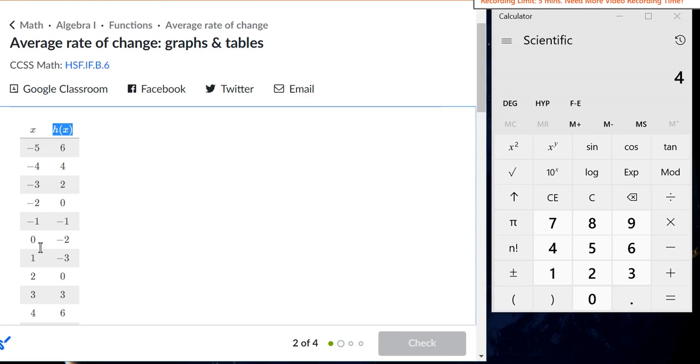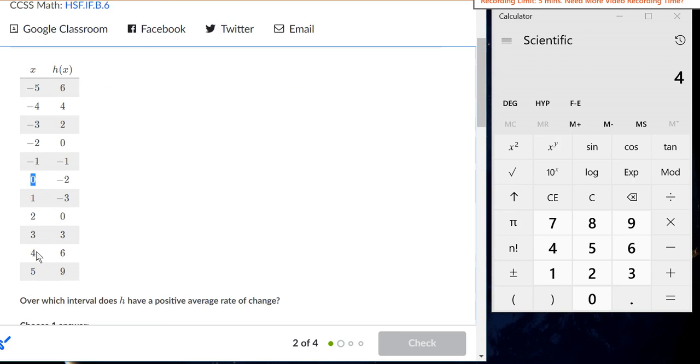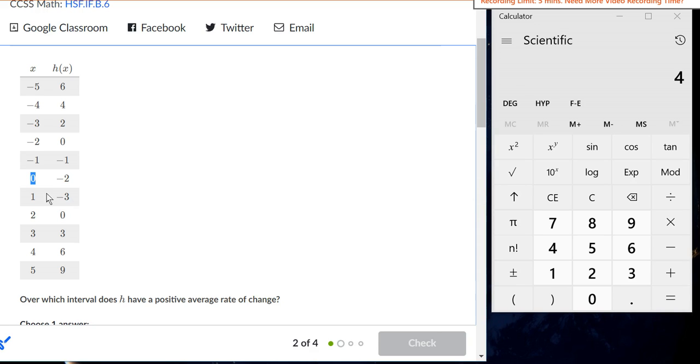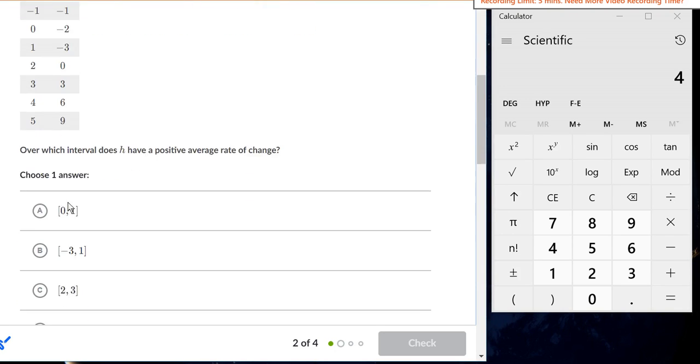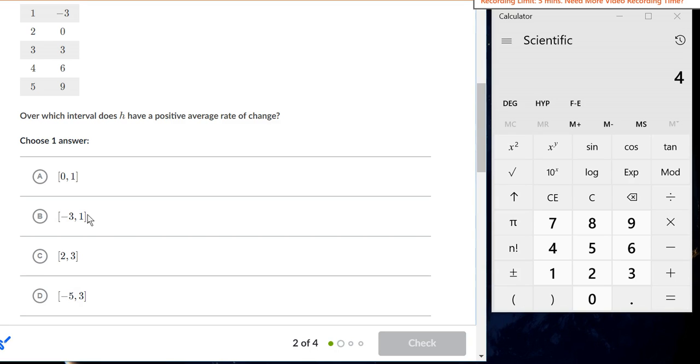So let's look at those. X equals 0 is -2, x equals 1 is -3. From here to here, I can do my formula, but I can also tell it's going down because it went down 1 unit to get to -3. Just because they were right next to each other, let's not go through the math. That was easily not positive.